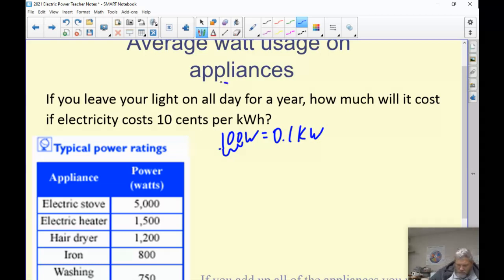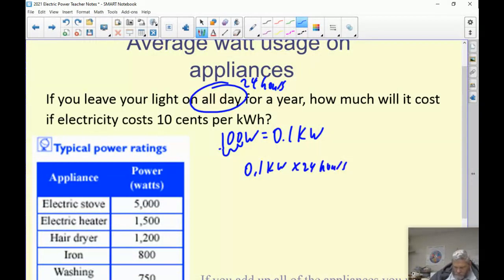Okay, we leave it on all day, which is 24 hours, right? So we multiply 0.1 kilowatts times 24 hours, and that's going to be 24 hours per day, right?